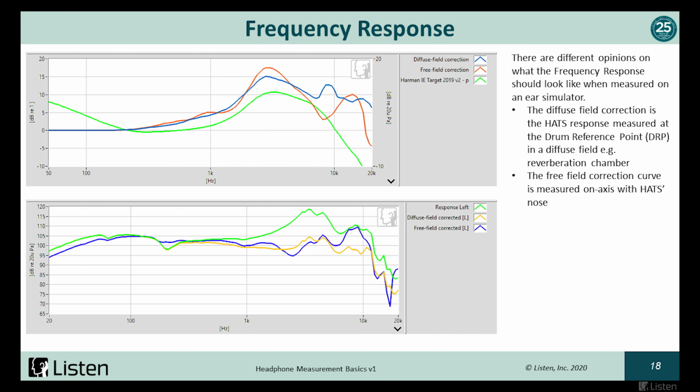The next thing worth mentioning is it's become very popular, the Harman target curve. They actually have two. One is for over the ear and one is for in ear. And they're a little different, but the primary difference is actually the low frequencies, which Sean Olive and Harman haven't really come up with a great explanation for.